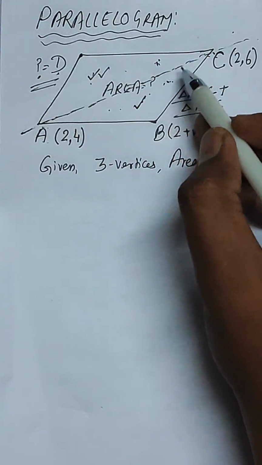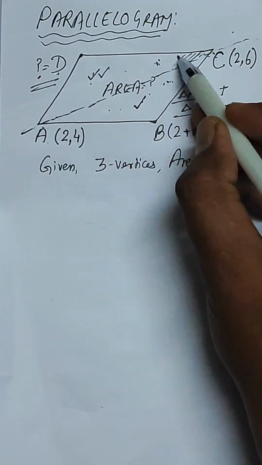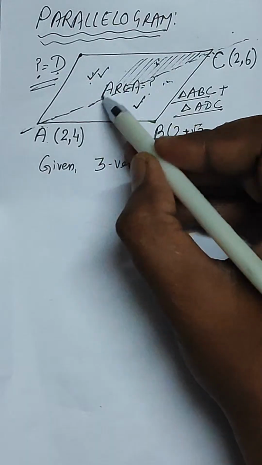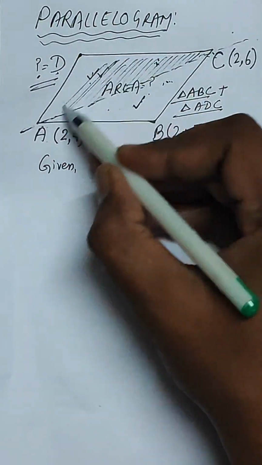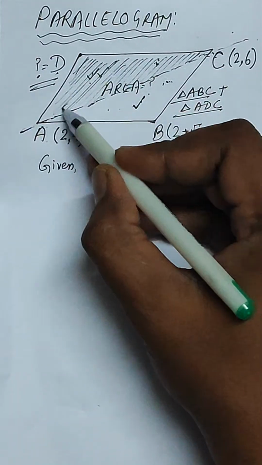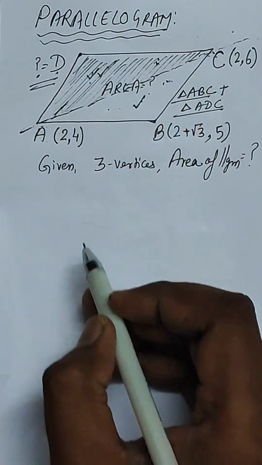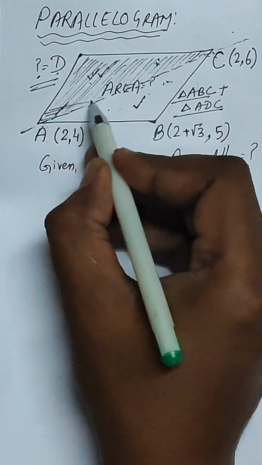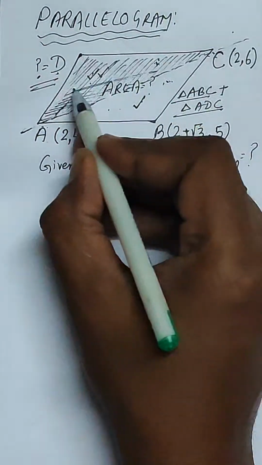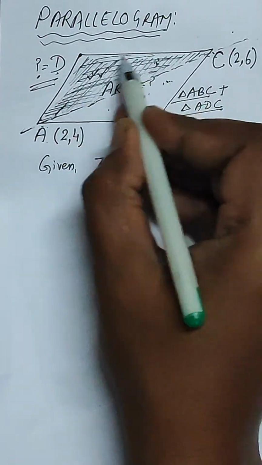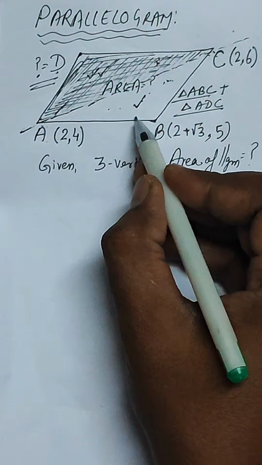So we are using this property. We are not going to calculate the area of the shaded part. We are going to calculate the area of only the second triangle, only this triangle.